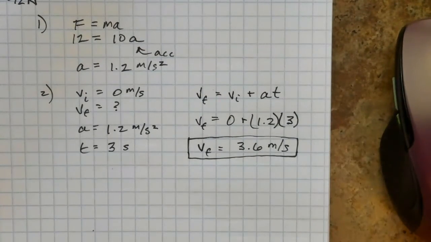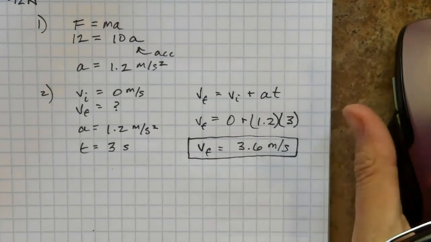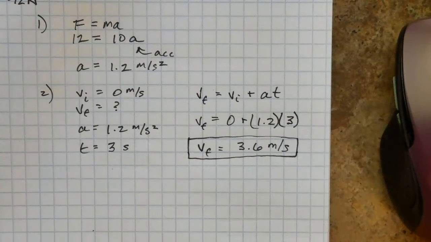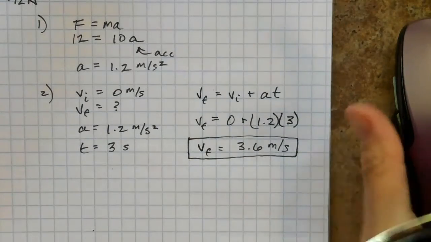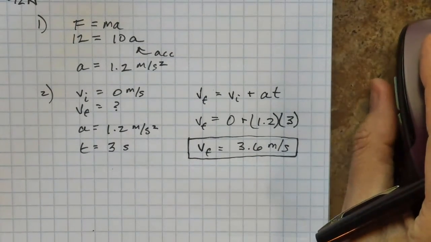Otherwise, you would continue to accelerate and accelerate and accelerate, which would make other people at the grocery store very nervous. You push the cart with an applied force to get it to the speed you want, and then you just maintain that speed with a force equal to the force of friction slowing the cart down.